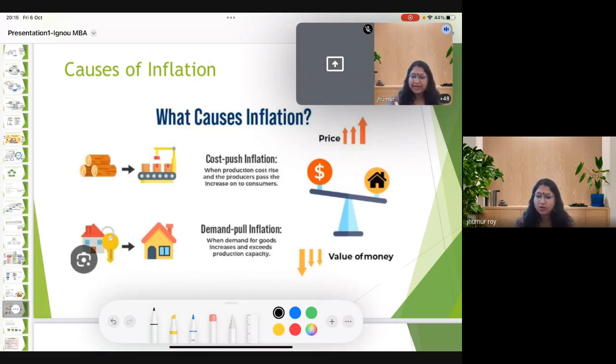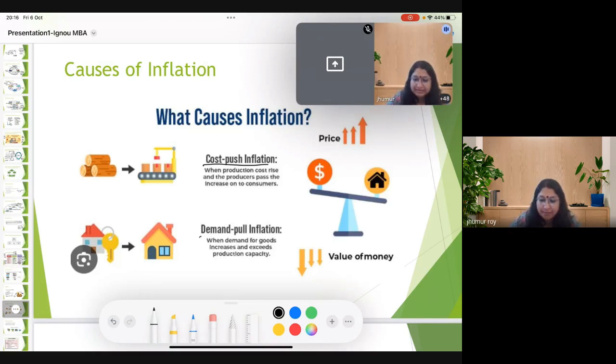The first is called cost push inflation. Cost push inflation is when the prices are pushed up because the cost of production has gone up. That means the raw materials have become more expensive, labor has become more expensive, loans for your project have become more expensive. Then we call it cost push inflation.